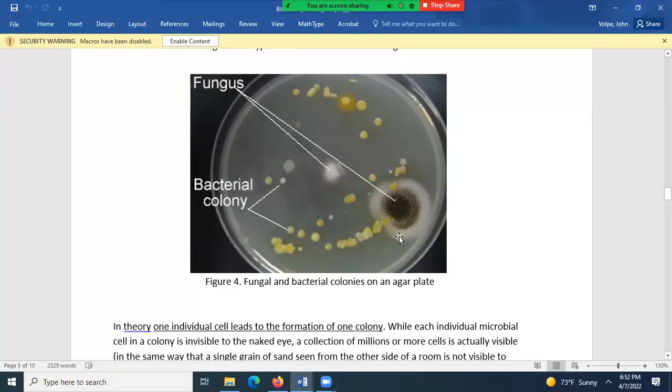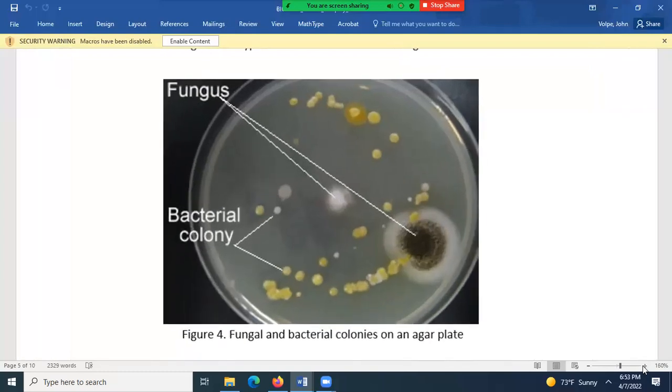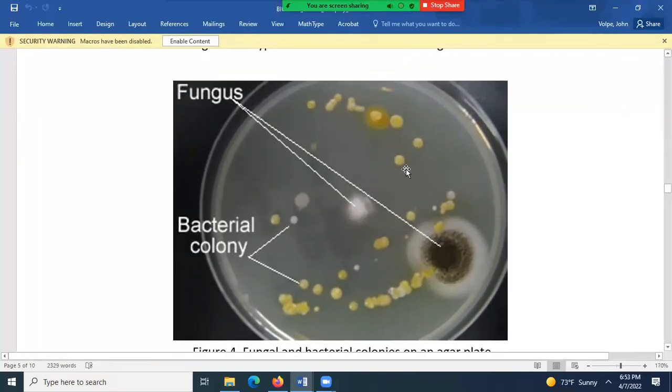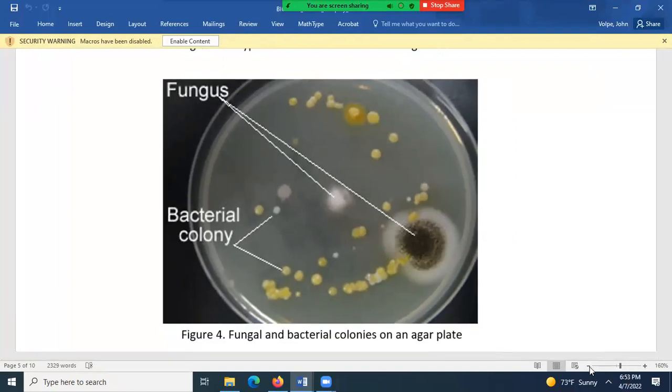And this region, it looks fuzzy. These are fungal colonies, whereas this colony, which has a sharp, smooth edge, and the same with that one and that one, these are bacteria colonies, and the same with that one. Any question about that?